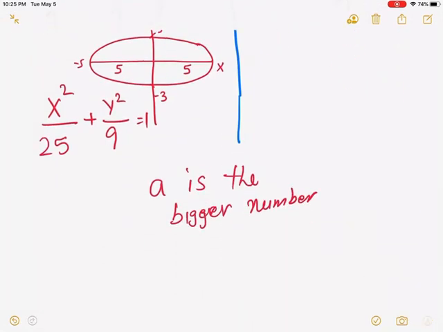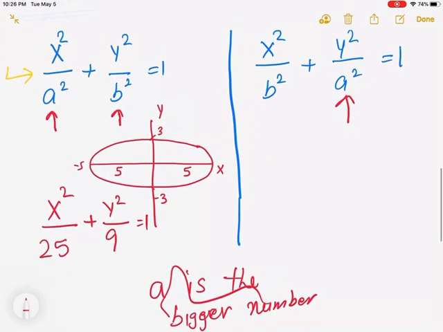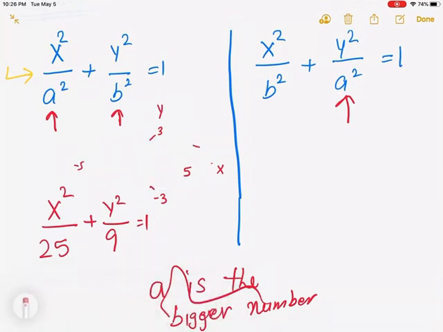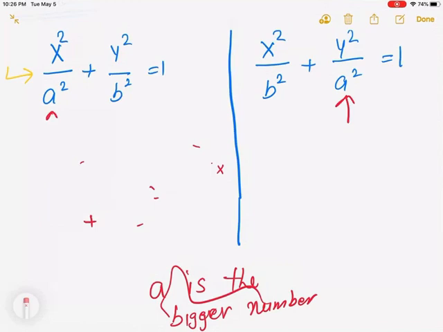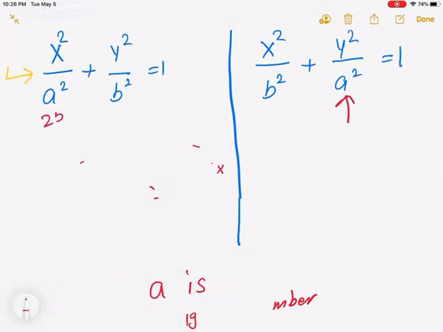Next one. There are a few other things you need to understand. So how do we label co-vertices and vertices? Let me erase this part here because I need to label that. I'm still going to use the same numbers I had before, so pretend this is 25 and pretend this is 9, right?